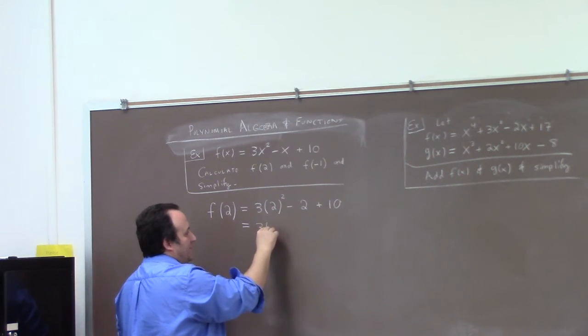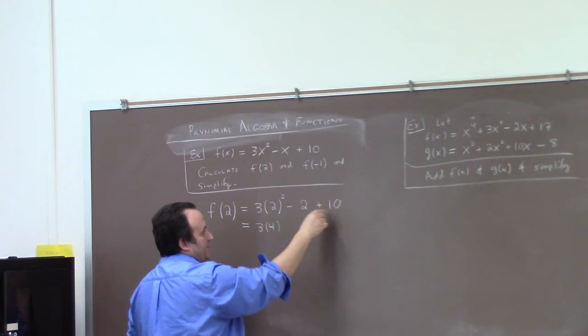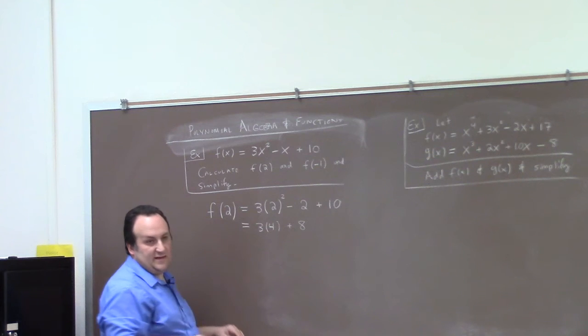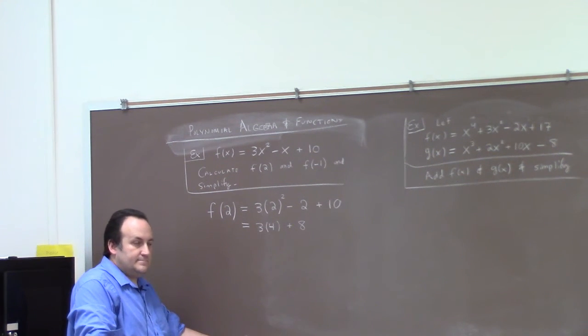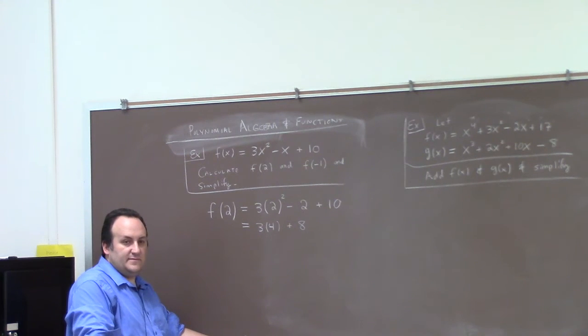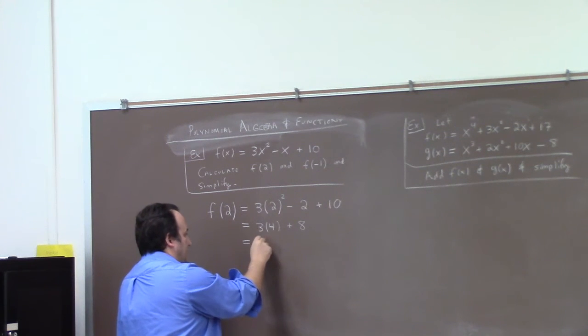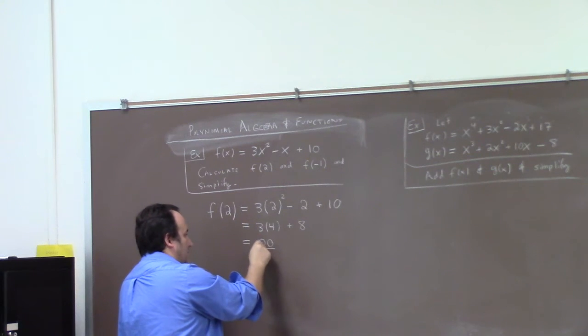So 3 times 4 plus 8, right? Minus 2 plus 10 is 8, right? 3 times 4 is 12. 12 plus 8? 20, yeah. So there you go.